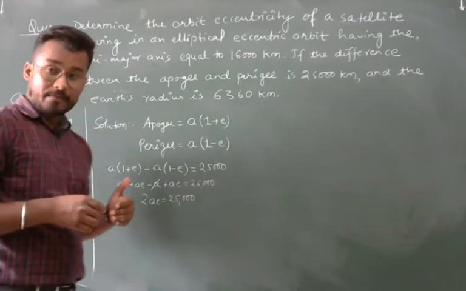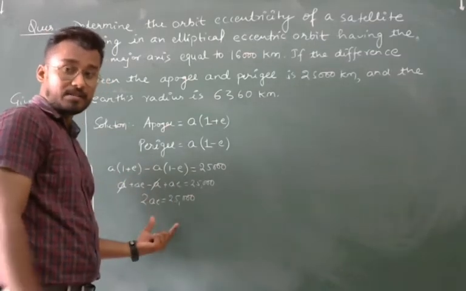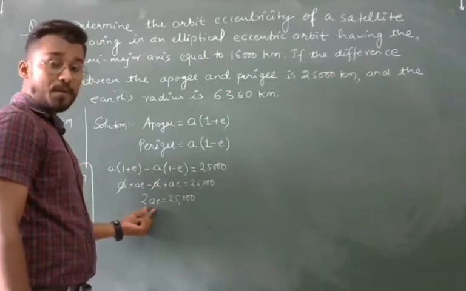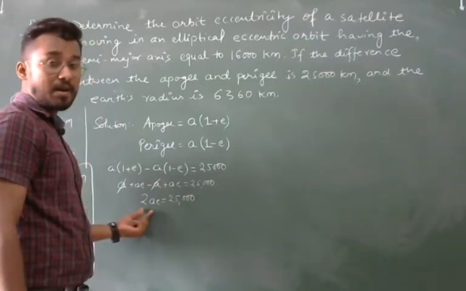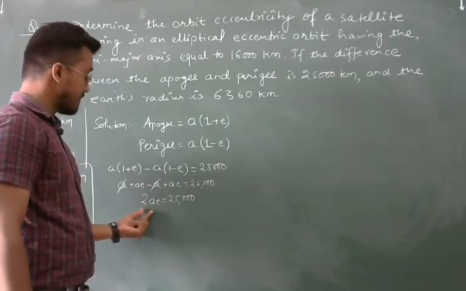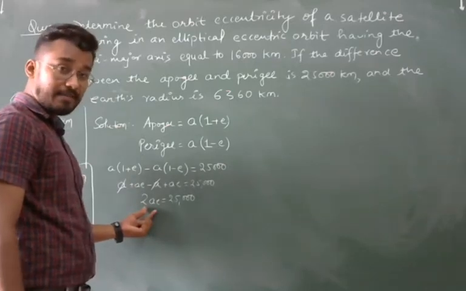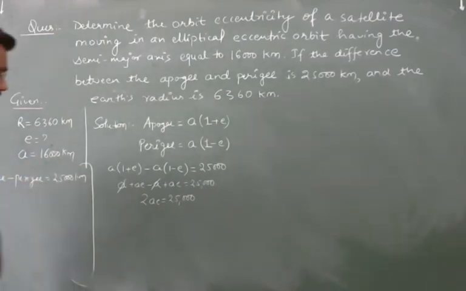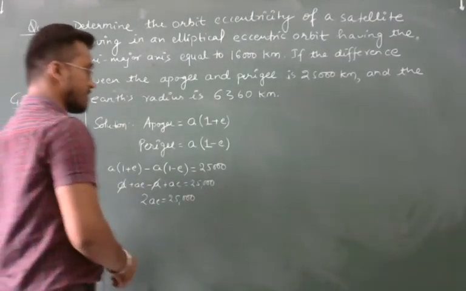Is there any problem in finding this E? Yes. The problem is with this A, the small a, the semi-major axis. Its value is given, just have a look. Here A is mentioned as 16,000 kilometer. No worries, simply write it down here.